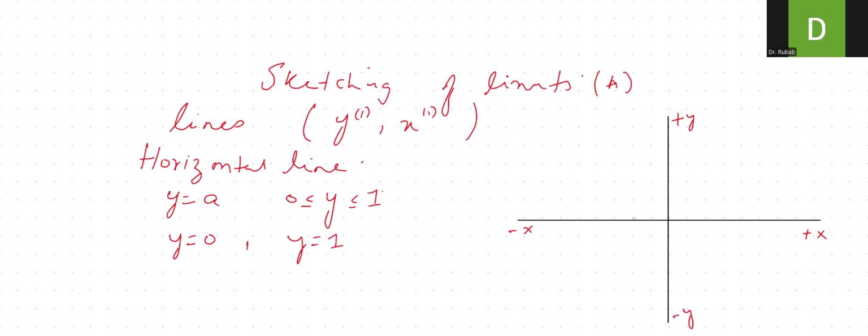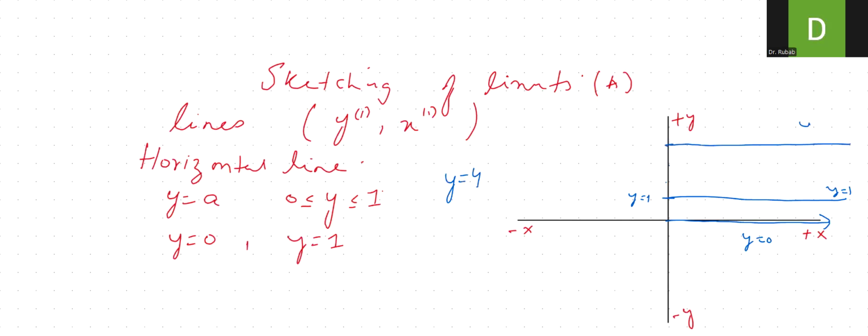The line y = 0 is crossing 0, which is basically the x-axis, and y = 1 is the horizontal line crossing where y is equal to 1, right? So anything y equals a constant, any number, represents a horizontal line. For example, if you have the y limit y = 4, it means 1, 2, 3, 4, and you have to draw a horizontal line from here, right? So the first type is the horizontal line.